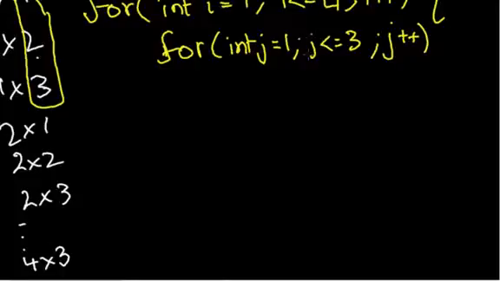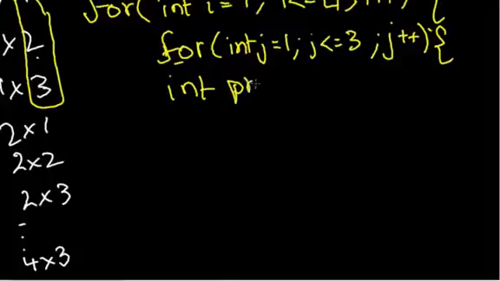Isn't this essentially what we're doing? This is going from 1 to 3, and this is going from 1 to 4. So let's say here we have int prod, for product, is equal to i into j.